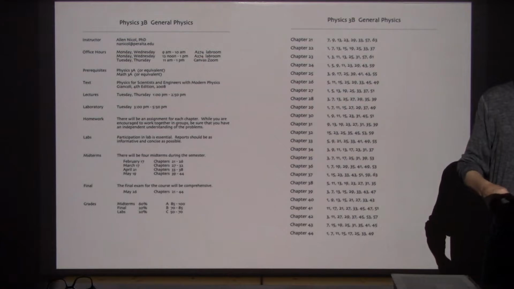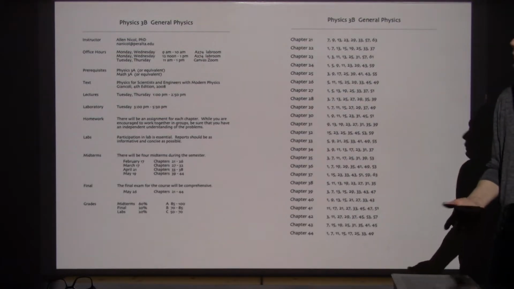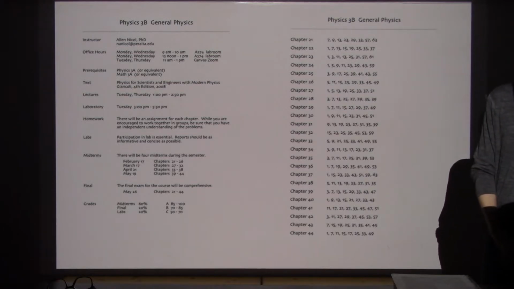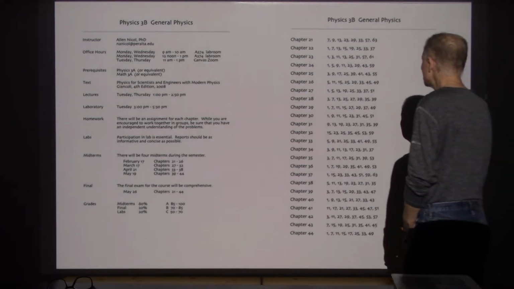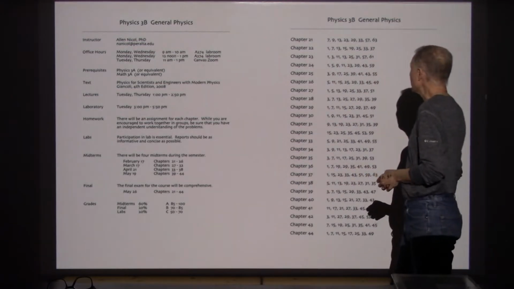And you guys are experts. You have successfully made it through Physics 3A, so you kind of know what is required to successfully complete the midterms and the final exams.